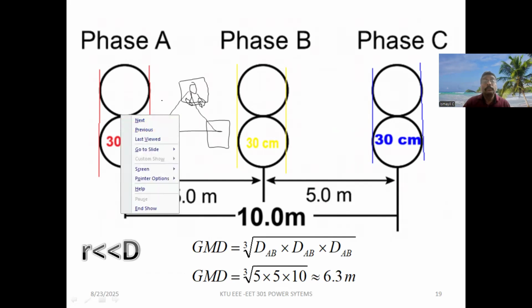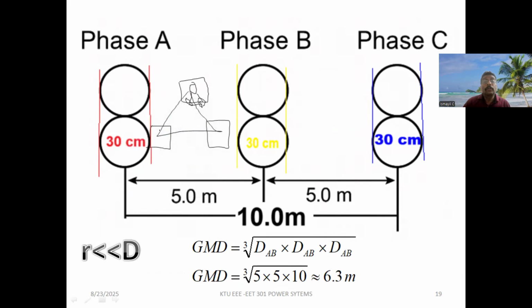And here also there are three conductors on the corners of a triangle. Suppose this is R, suppose this is Y, and in the B phase also there will be three bundled conductors placed at the corners of an equilateral triangle.